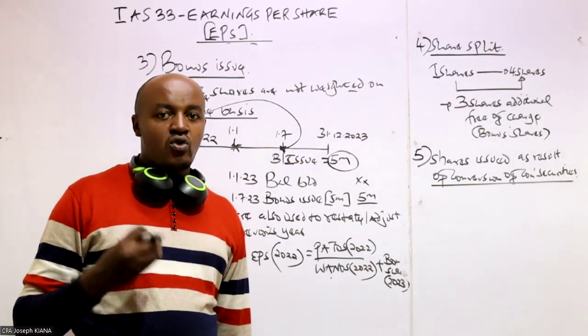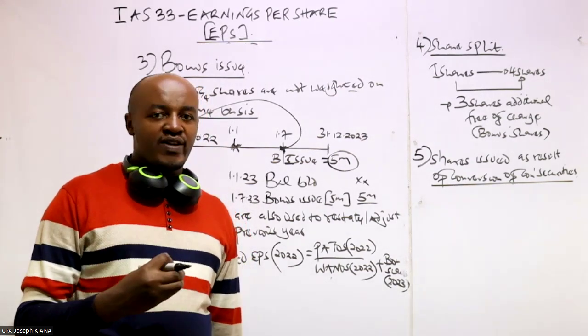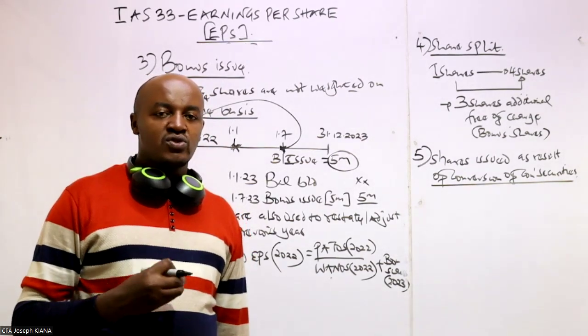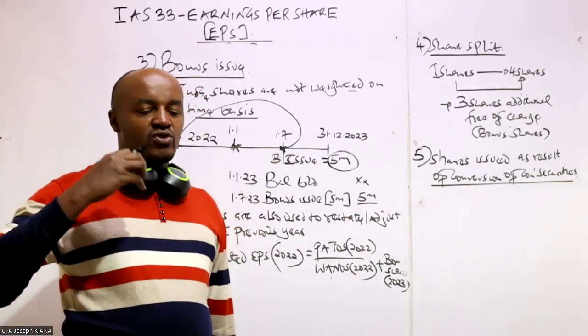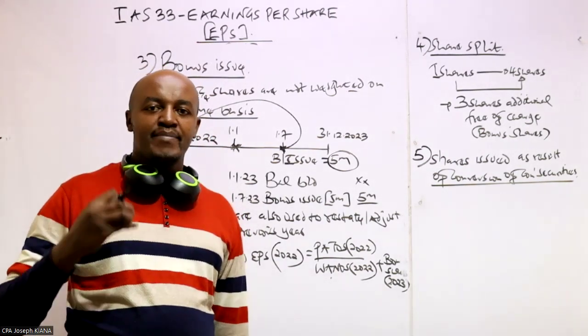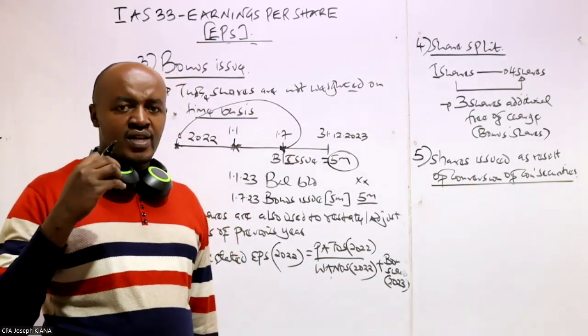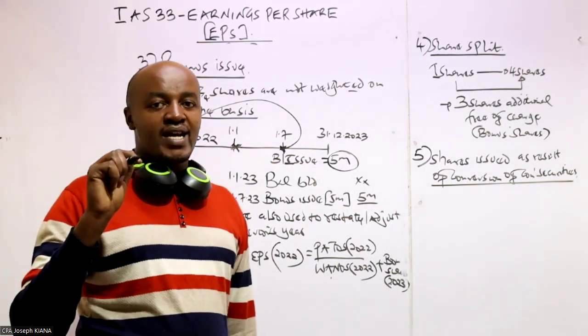And once the holders of such convertible securities exercise their conversion option, then they convert those convertible securities into what? Ordinary shares of the company. And those ordinary shares which will be issued by the company on conversion are also treated as an equivalent of the shares issued at full market price.